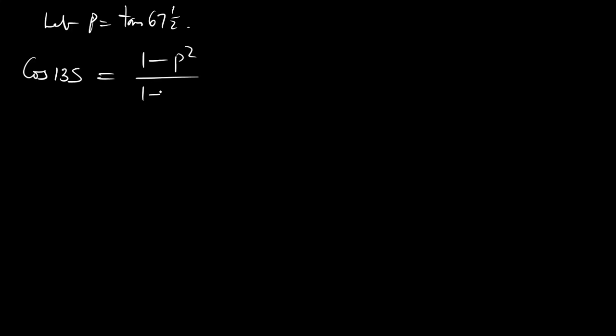Let p be equal to tan 67.5. Substituting into that equation, we now have cos 135 is equal to 1 minus p square divided by 1 plus p square.